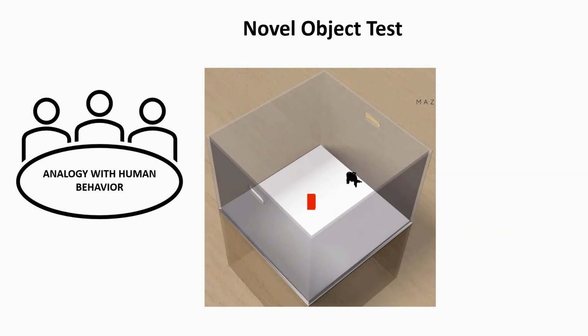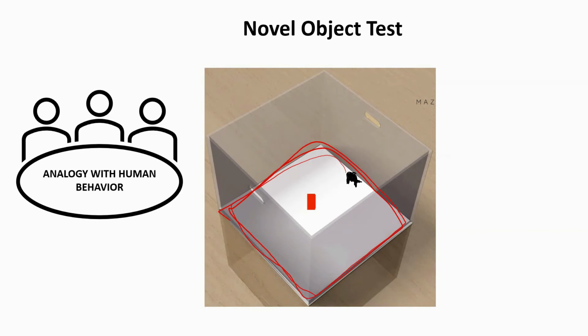But how do fishes behave around novel objects? I have two brilliant things to tell you from my own experience. First is, you will always find the fish staying absolutely away from the novel object. They will never ever come closer to that object.